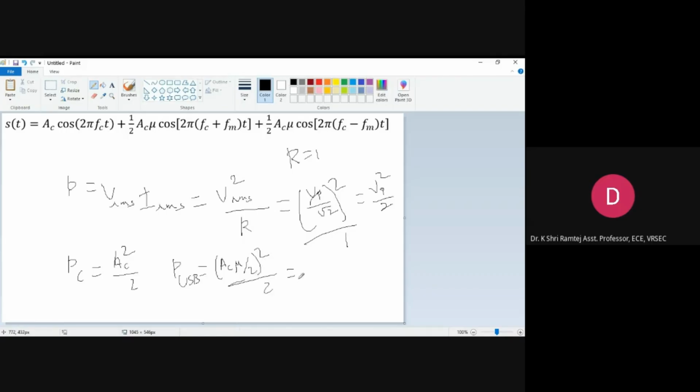So it will be equal to AC square mu square upon 4 into 2, which is 8. So AC square mu square by 8.